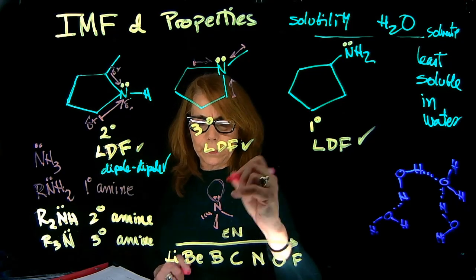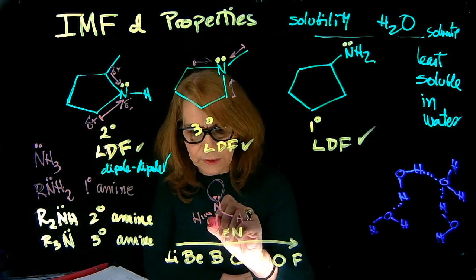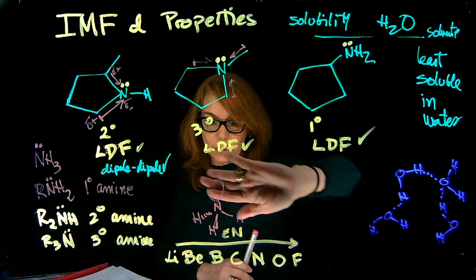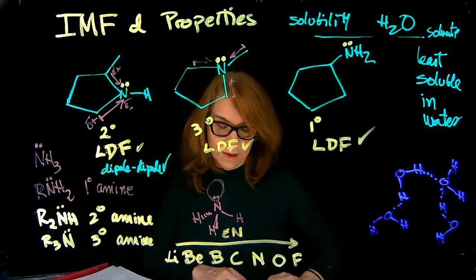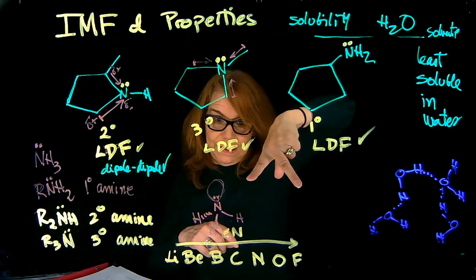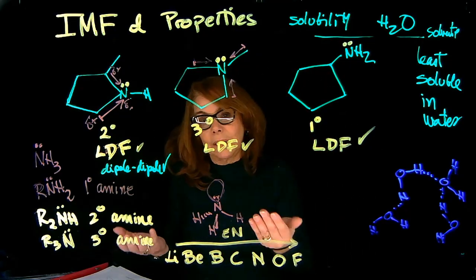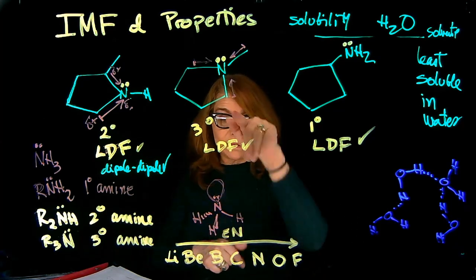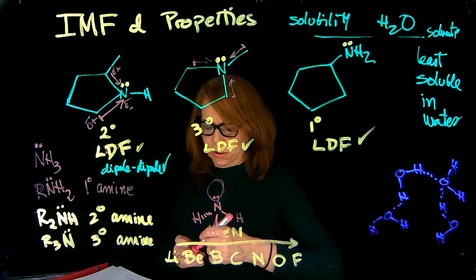When you do your VSEPR, think of the 4 electron domains in the corners of a tetrahedron. For the shape, we're not seeing the lone pair. So you see these 3, but they're not on a plane. It is trigonal pyramidal, something like this with 3 legs and the lone pair here. So you will still have some dipole pointing towards the nitrogen, because it's not planar, but definitely not as large.